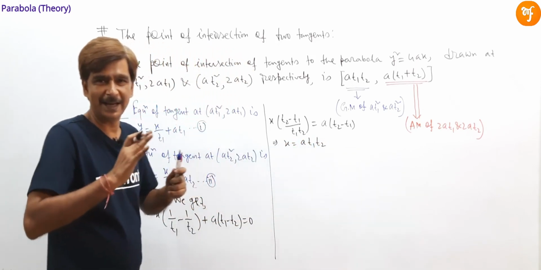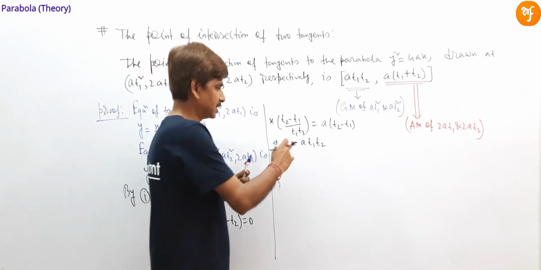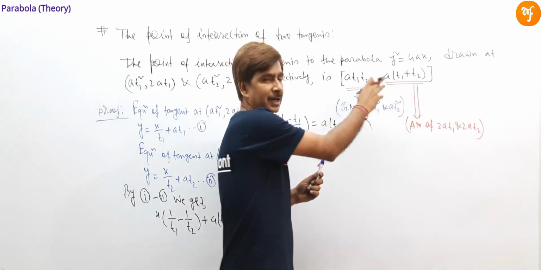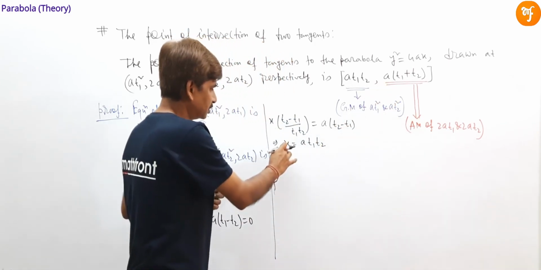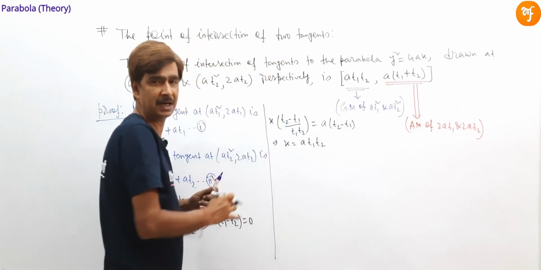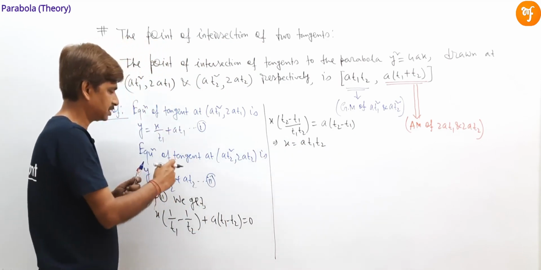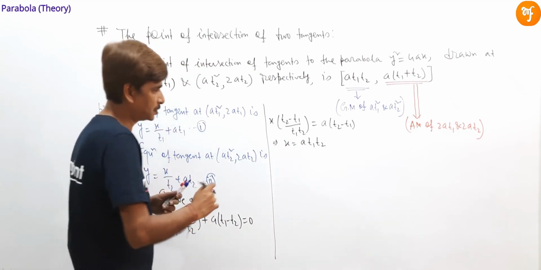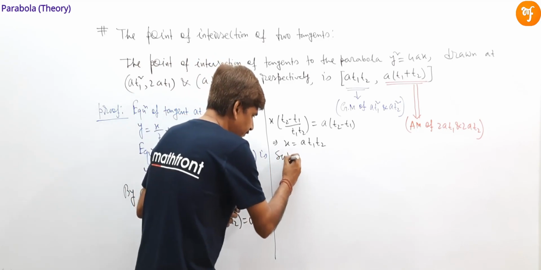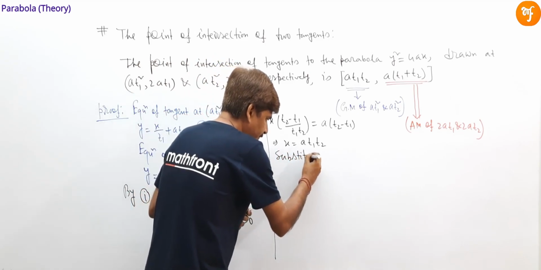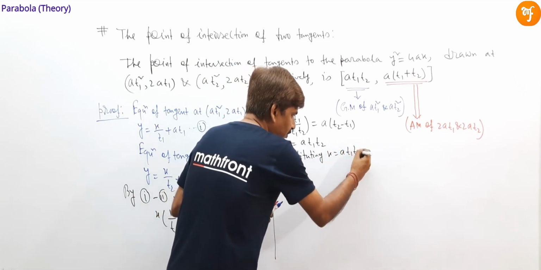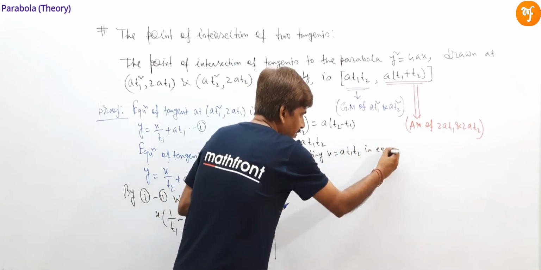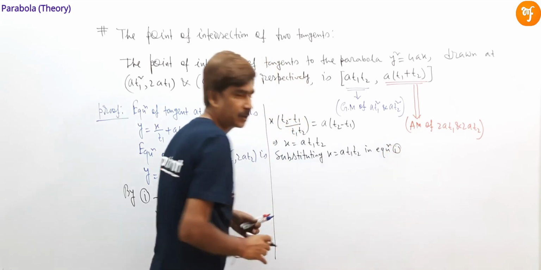So we get the x coordinate of the point of intersection, which is a into t1t2, which we write here. Now to find the y coordinate, just substitute the value of x, a t1 t2, in any one of these equations of tangent. So substituting x is equal to at1t2 in equation 1, what we will get?